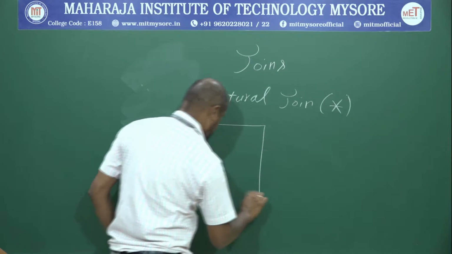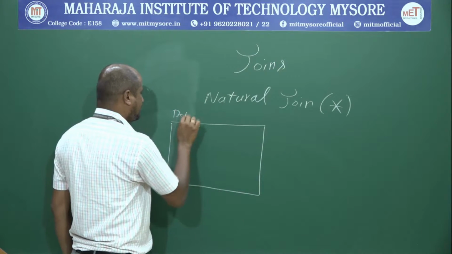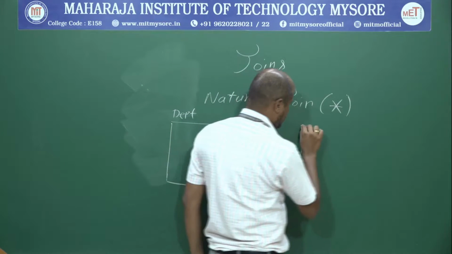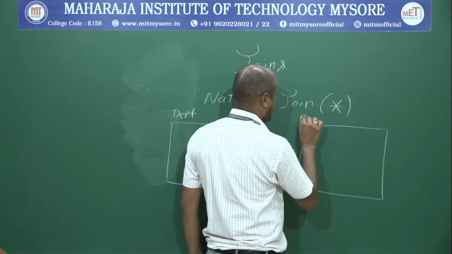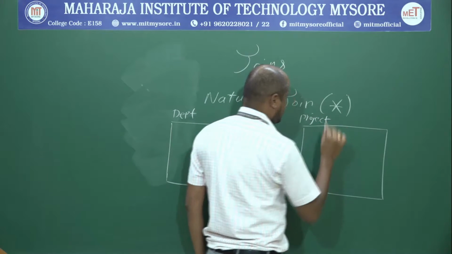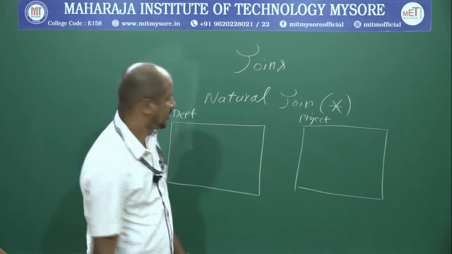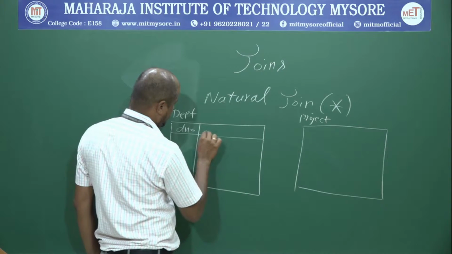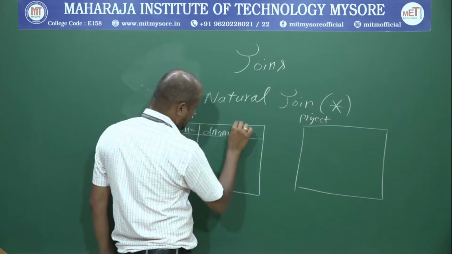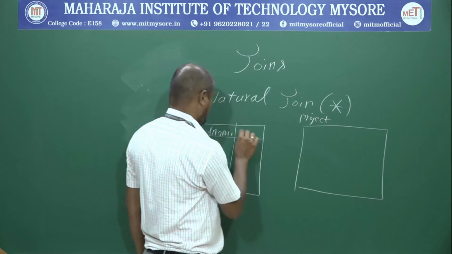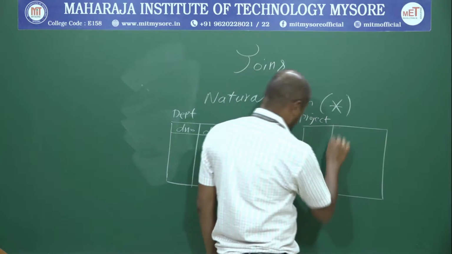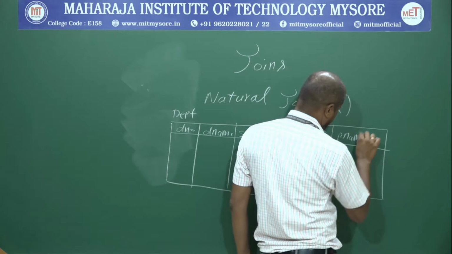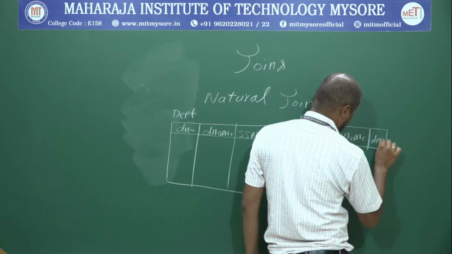The first one, I'll go with the department table, and I will go with the project table. For department, as I told, there is a department number, a department name, and then SSN. For project, there is P number, P name, and D number.